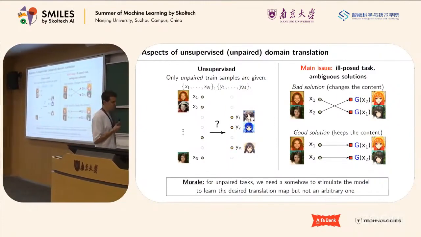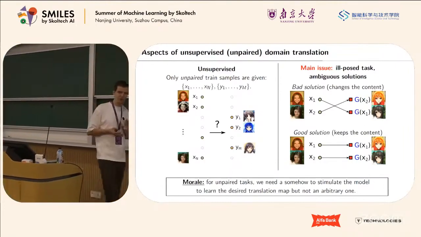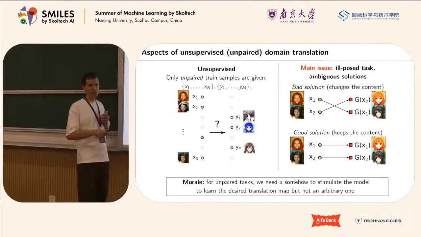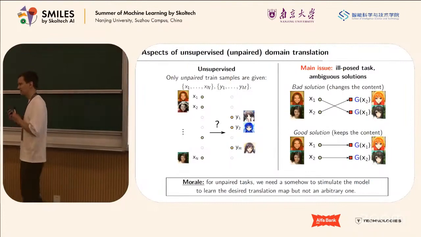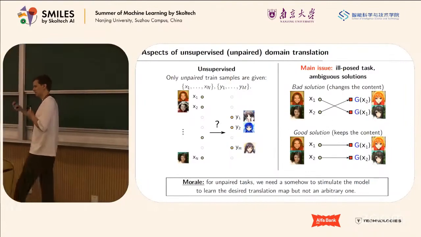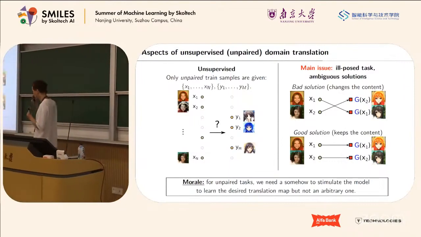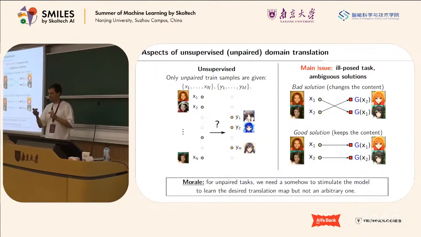What is actually needed in practice in unpaired learning problems is usually to find solutions which keep the content of the image. So roughly speaking, the object which you generate when you do this translation from one domain to the other should reasonably correspond to the original sample from the input domain.